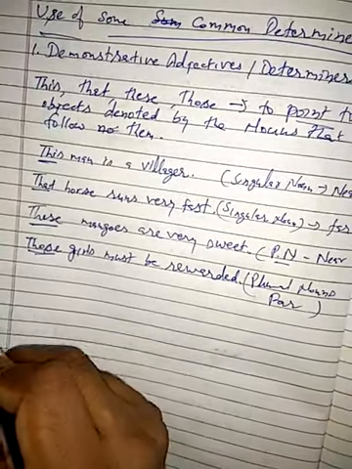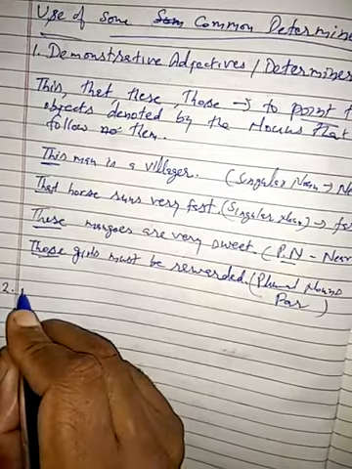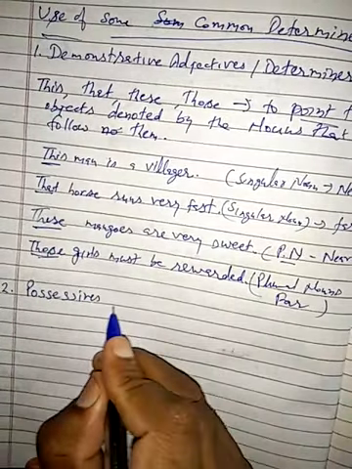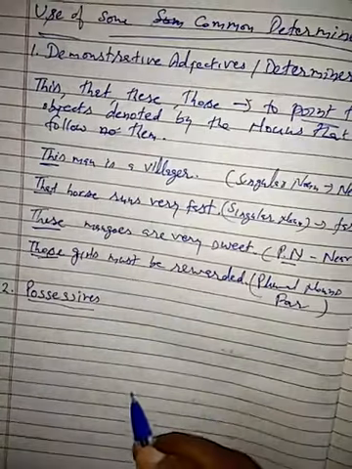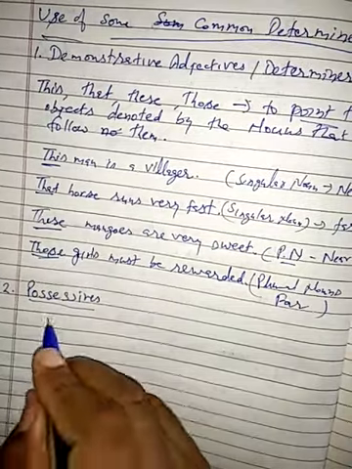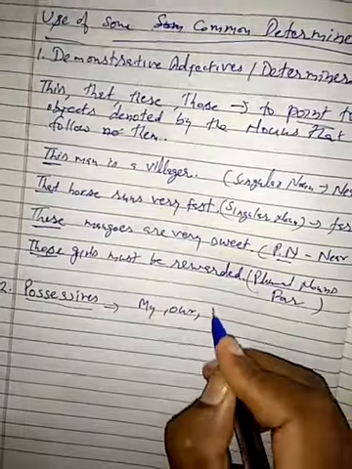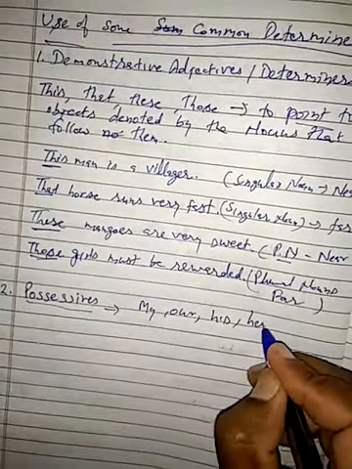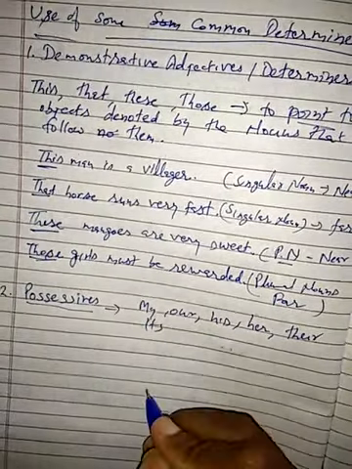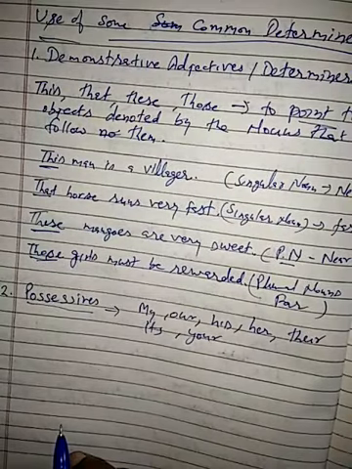Let me tell you something about another type, that is possessives or possessive determiners. Clear? Here the possessives are my, our, his, her, their, its, and your. We use them likewise.